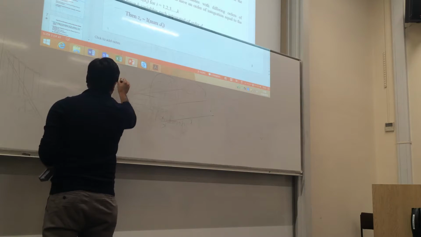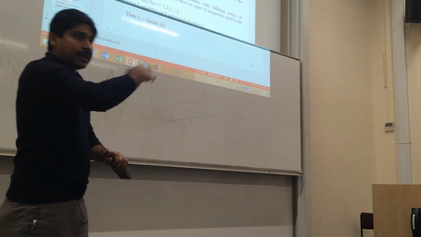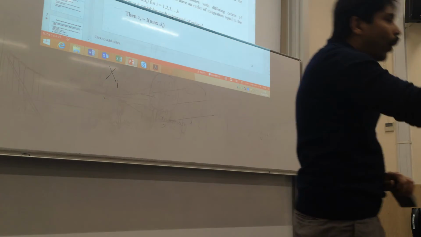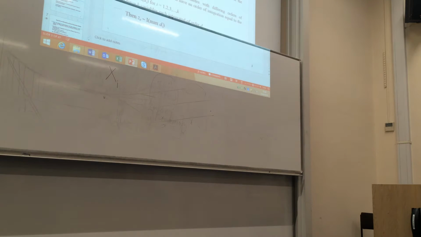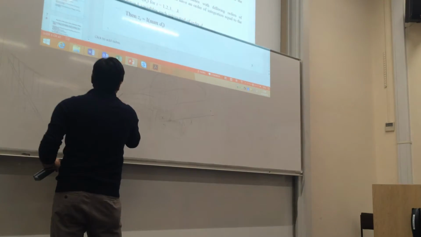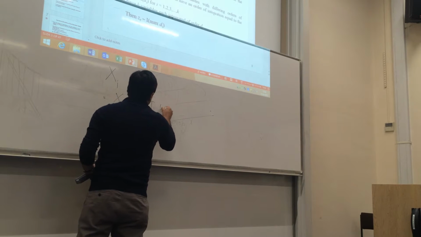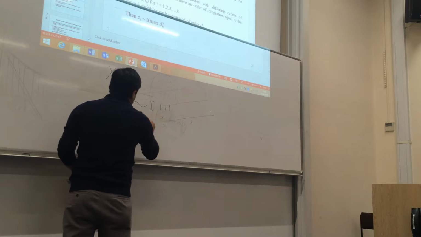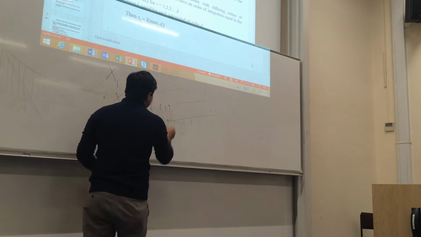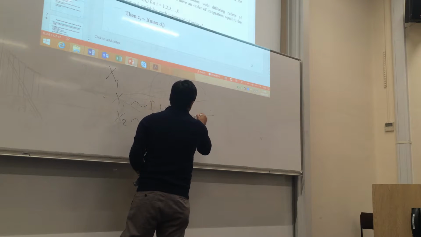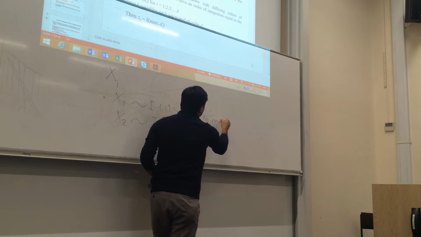Now if x1 is I1, x2 is I1, and x3 is something else, how can we put them together and model them? If x1 is I1 and x2 is also I1, then how do we model them? So that is our question.